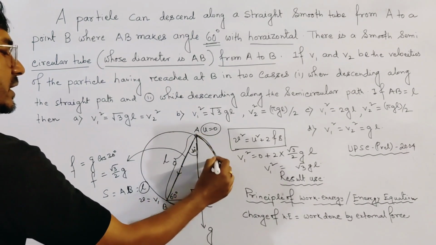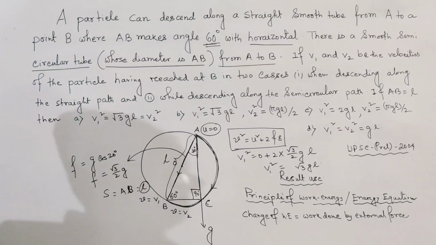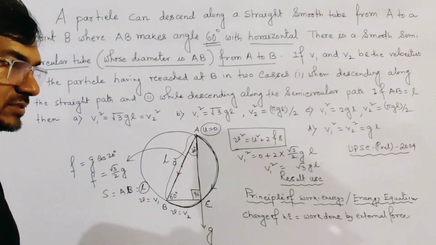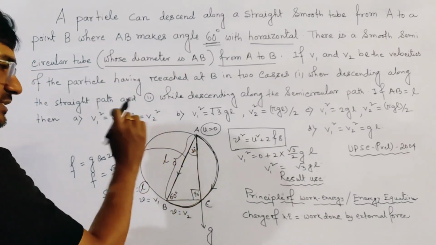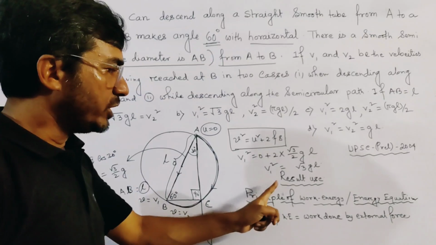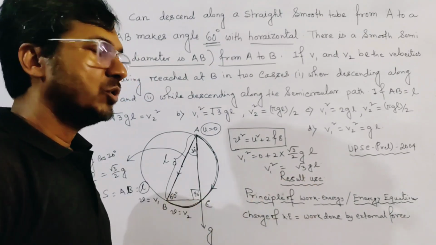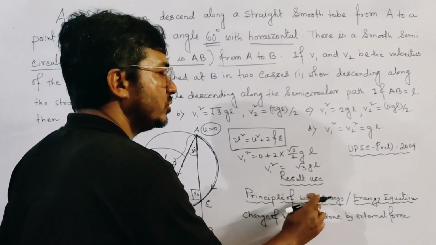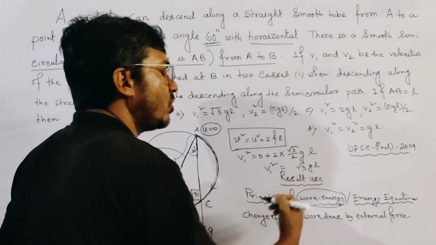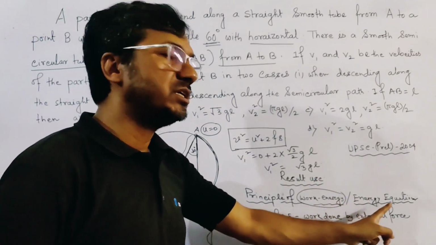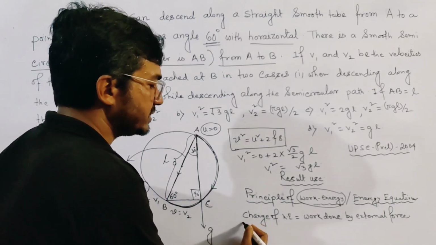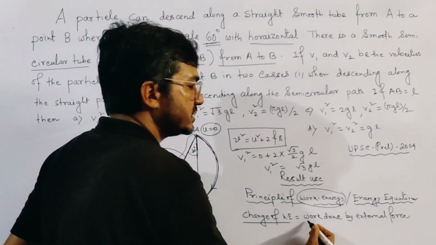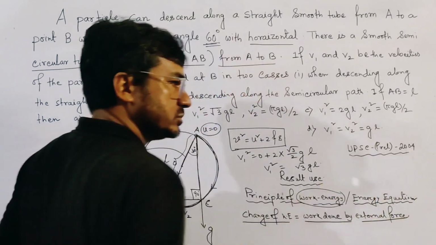Now when the particle descends along the semicircle, we have to find the velocity, and in this case, how to find the velocity? Here we use the principle of work and energy, also called the energy equation. The energy equation says the change of kinetic energy is equal to the work done by the external force.